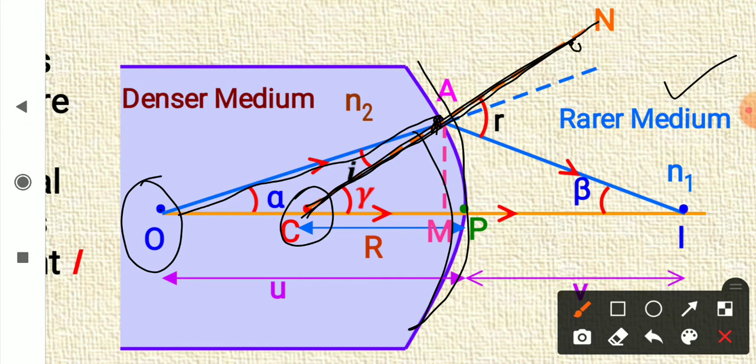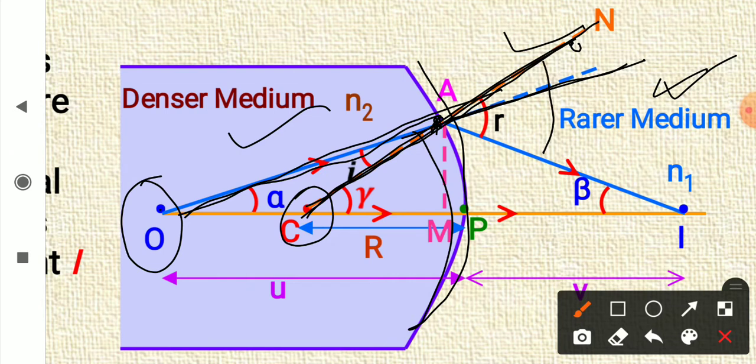From the center of curvature to point A, this line becomes the normal at this point. And you know that when light travels from denser medium to rarer medium, it bends away from the normal. So the initial path of the ray is this one, and here is the normal. It bends away from it, and the light ray travels along this path.